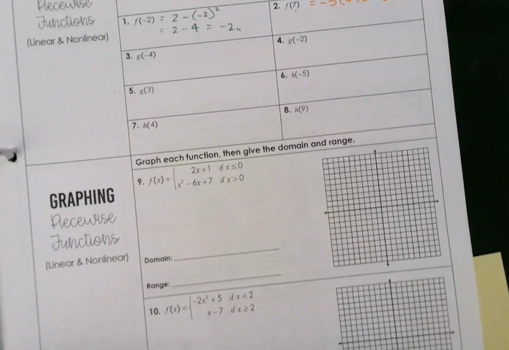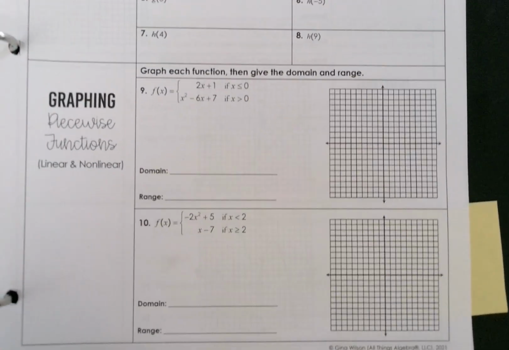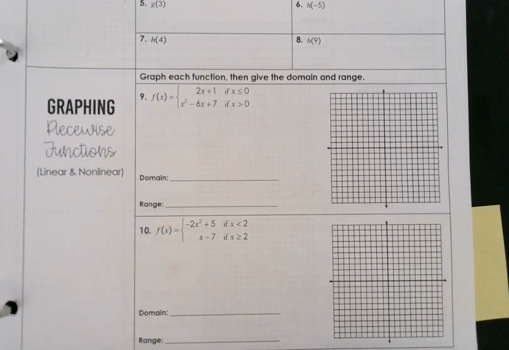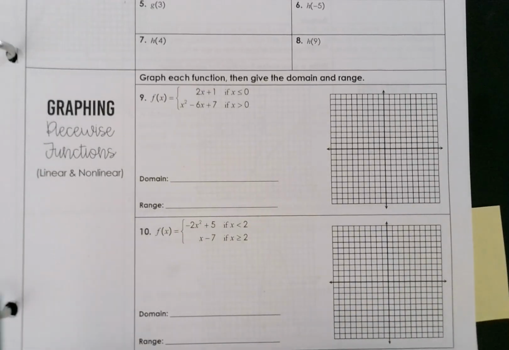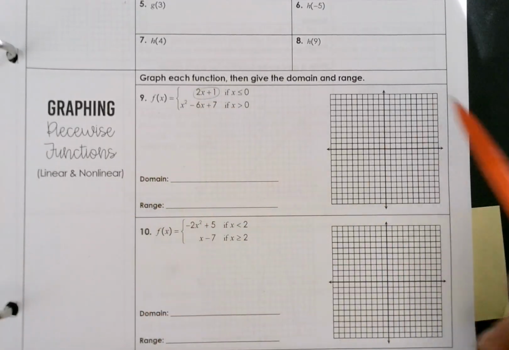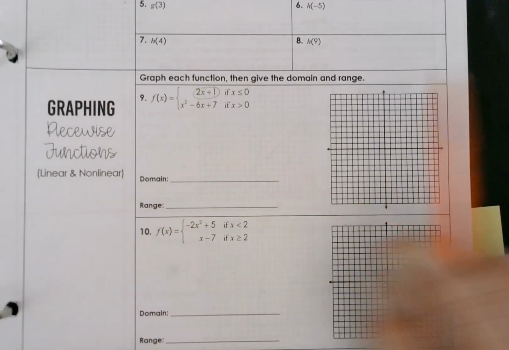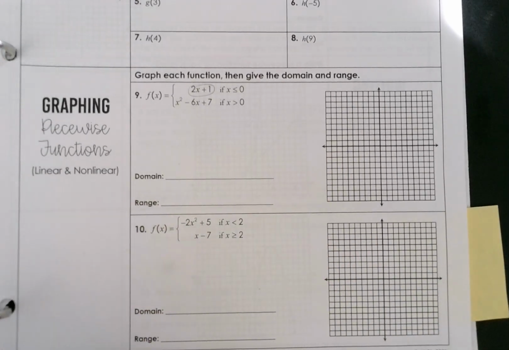So graphing piecewise functions, you're going to have to do some graphing of exponentials and linears and quadratics. And you're going to have to determine the section of the graph that it exists in. So the way I did this on the last worksheet was I would graph the entire line beginning to end and then erase the section that didn't apply.